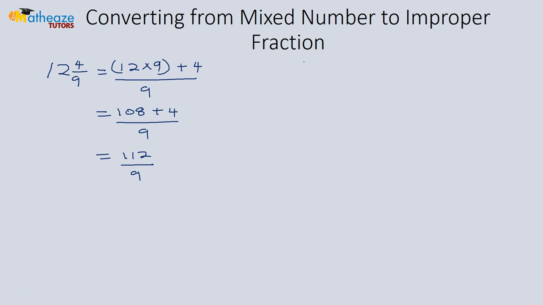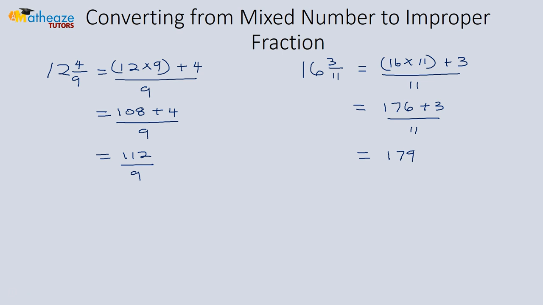What about 16, 3 over 11? This is going to give us whole number multiplied by denominator plus numerator, divided by denominator. 16 times 11, that should give us 176, then we add 3 to that over 11, that's going to give us 179 over 11.